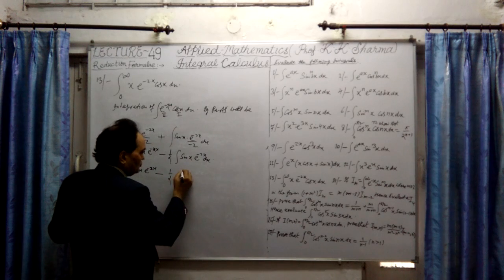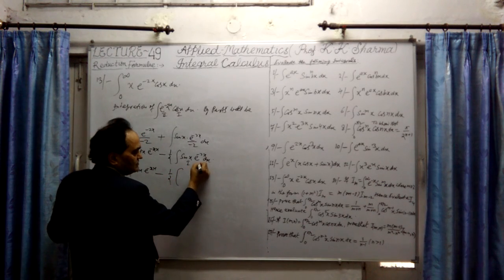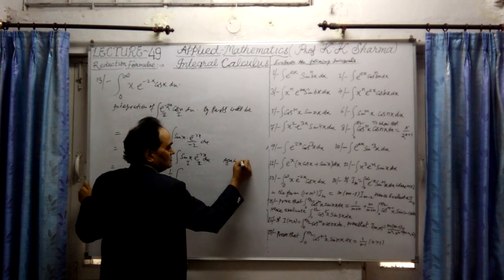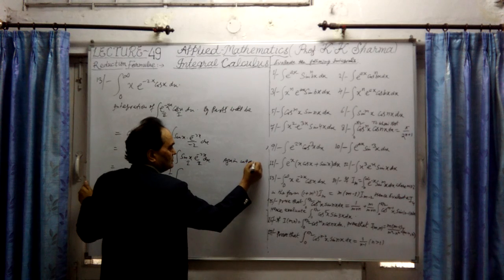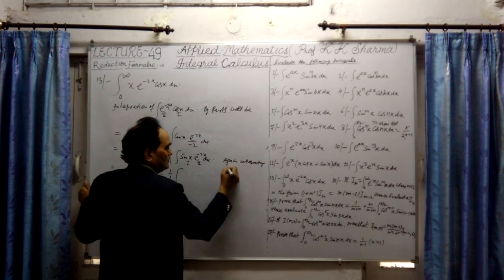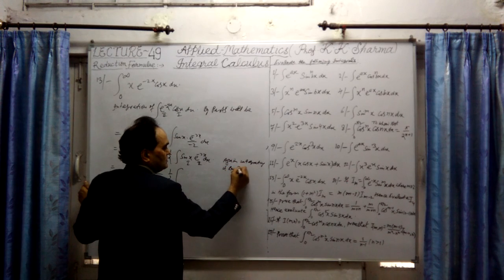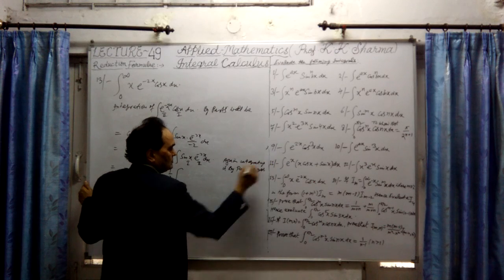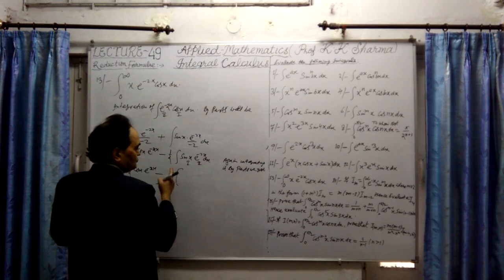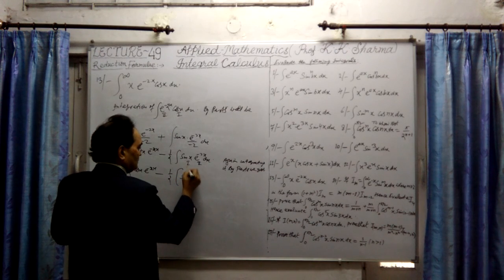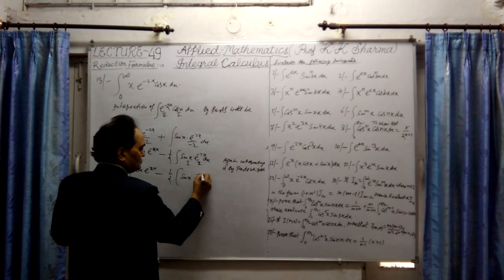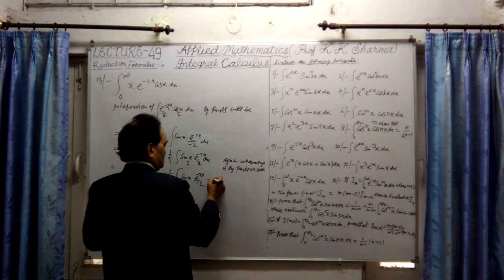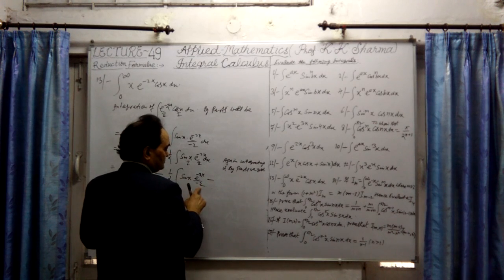If I take 1/2 common, then consider it as the first function and second function, again integrating it by parts. We get sin x as it is, integration of e to the minus 2x upon minus 2, minus.